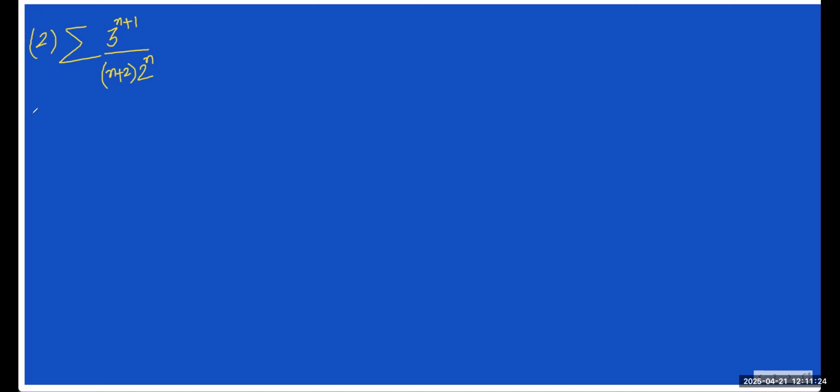There is no x here, which means there are more chances of getting a direct answer. Let un be 3 to the power of n plus 1 whole divided by n plus 2 into 2 power n.